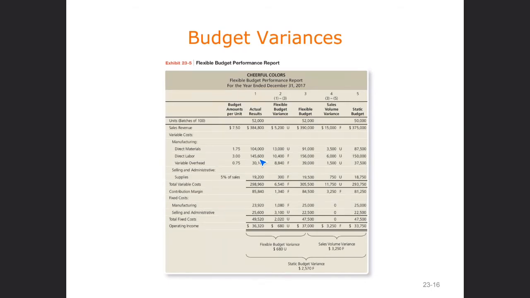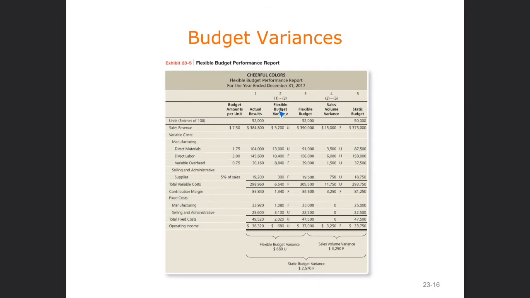Our labor was 145,000 actual, and in our flexible budget, we budgeted it at 156,000. So actual labor expense was less than what we thought it was going to be, so we made money on that. Therefore, it's favorable, and the difference between the two is $10,400.